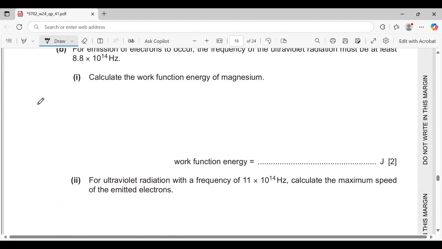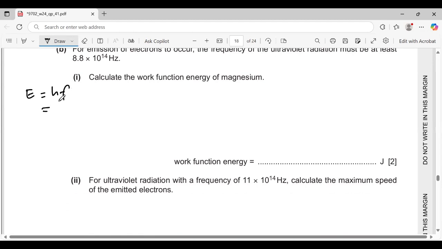So I will use this formula for the work function energy of magnesium. E equals hf. So h is Planck's constant and f is the threshold frequency.